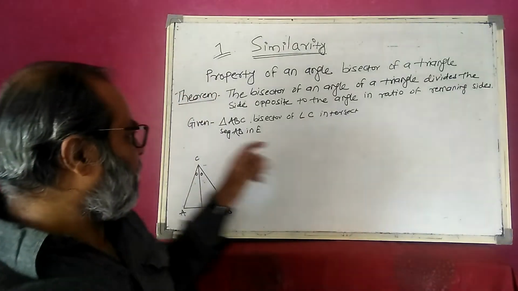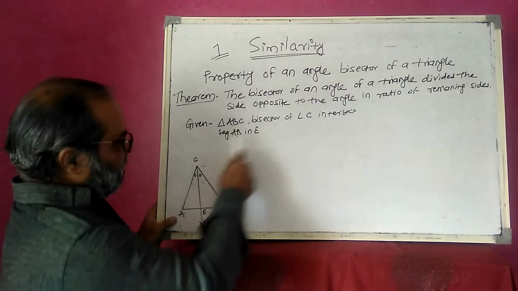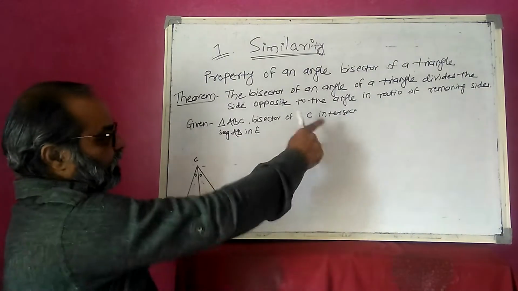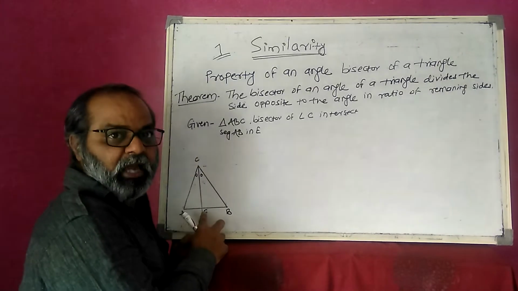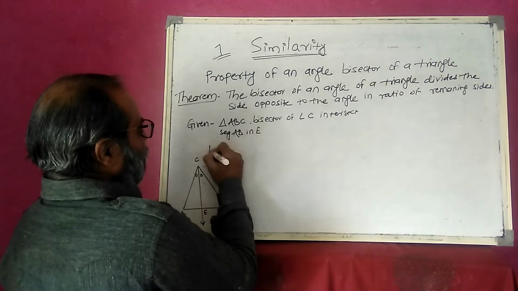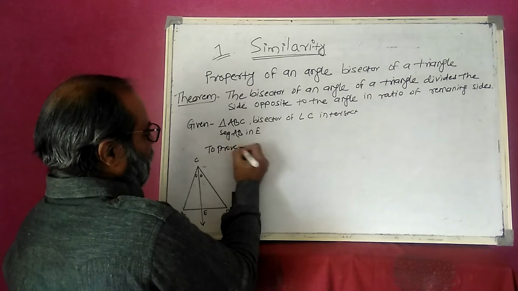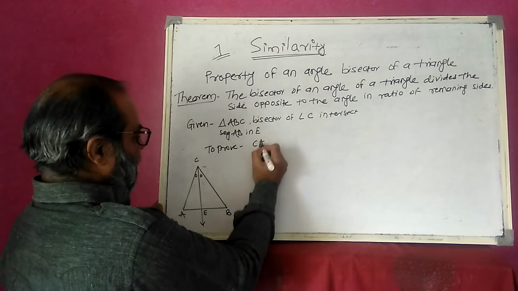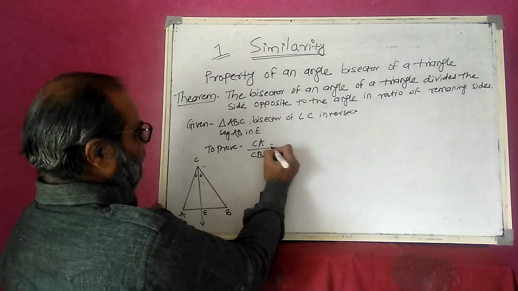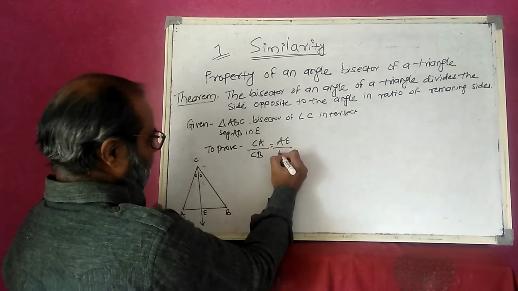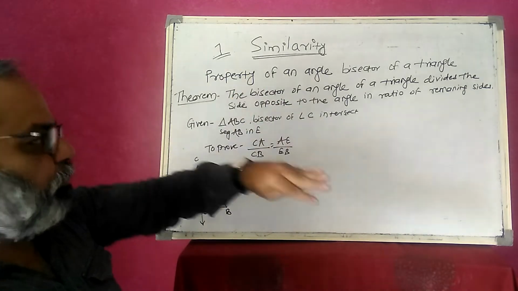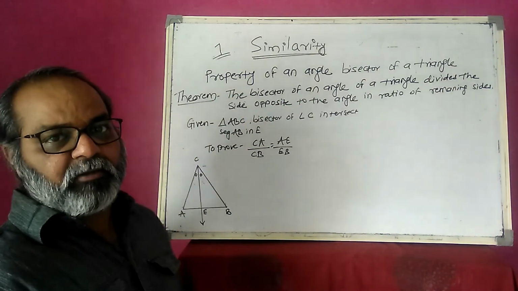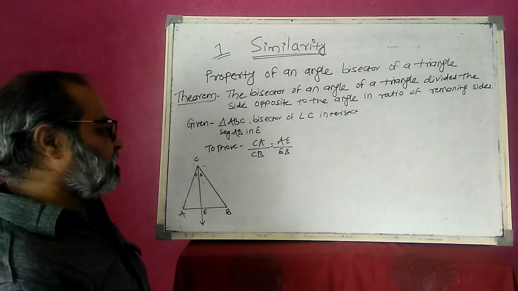So I write the given: in triangle ABC, the bisector of C intersects AB at E. We want to prove that CA divided by CB is equal to AE divided by EB. The angle's opposite side divides the segment with reference to the remaining sides.